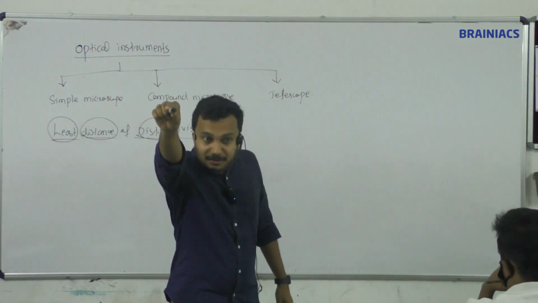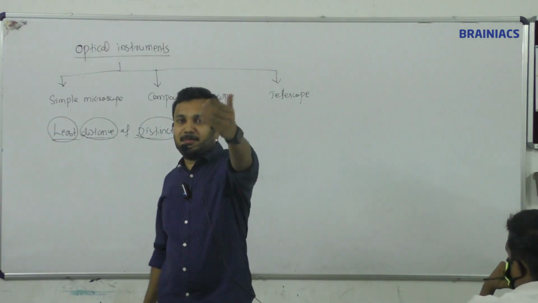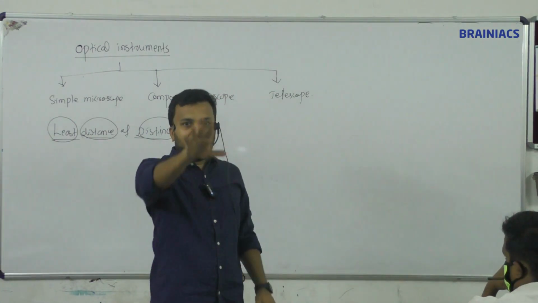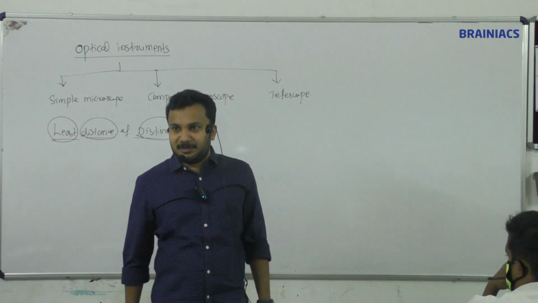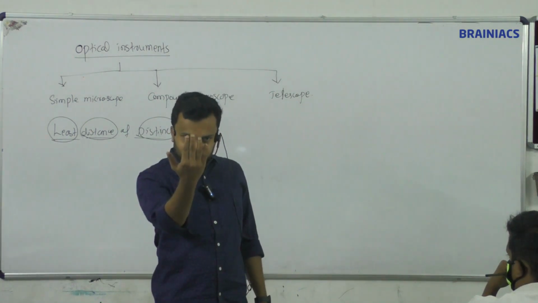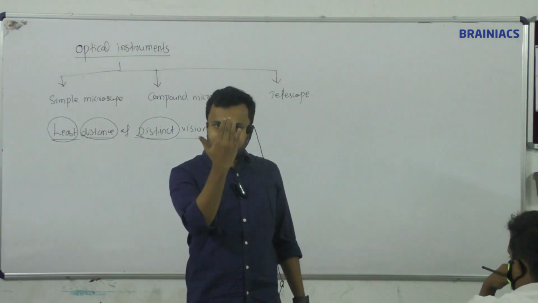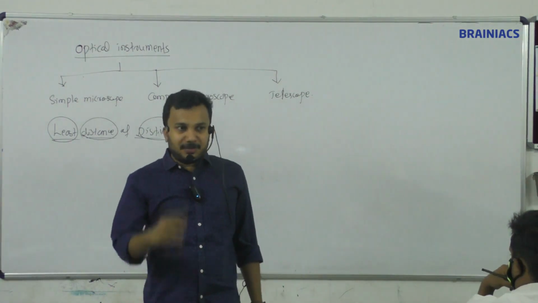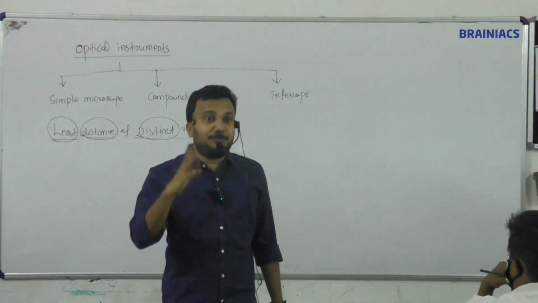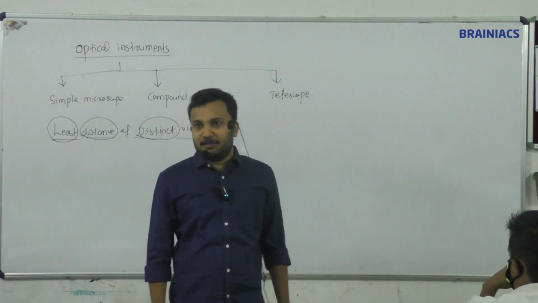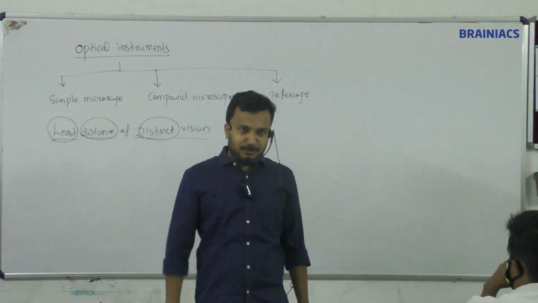If the object is at a very large distance, I can see it very clearly. If it comes very close to my eye, at one stage it becomes blurred because my eye cannot focus it. That's not a problem, it is normal human nature.